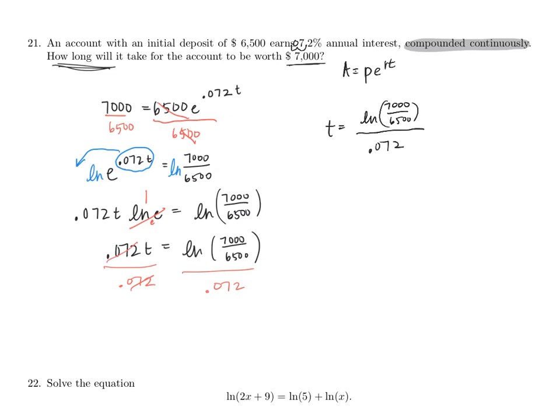More than likely, they're going to want you to put that in your calculator. So when you do that, I get t is equal to 1.03 if I round, years.